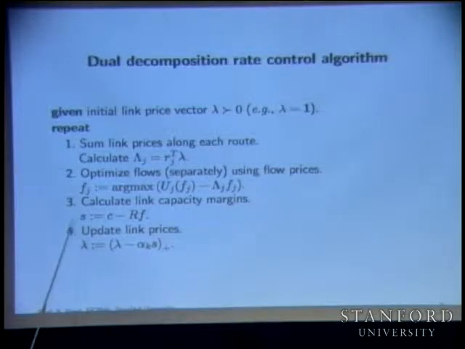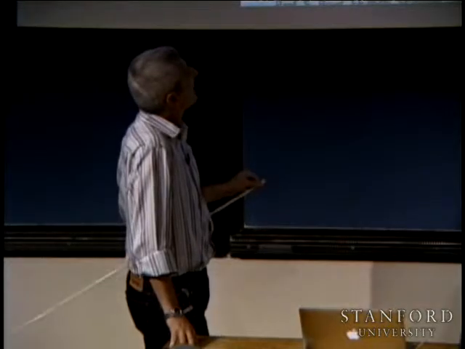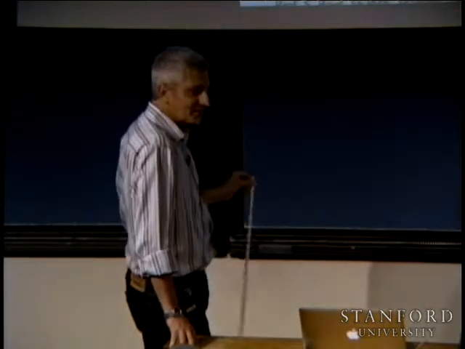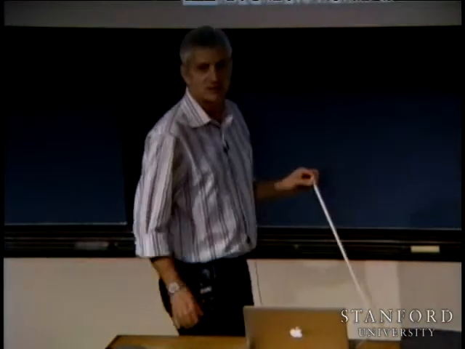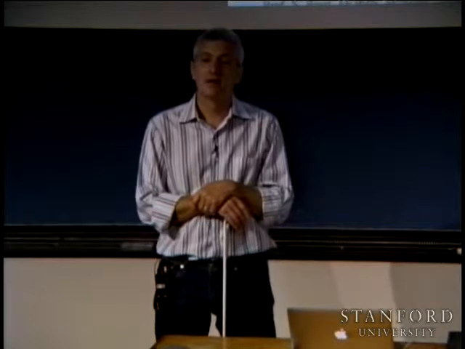Then you calculate this, and then let's figure out some things here intuitively. If S turns out to be quite positive, what does it mean? If the slack on the link capacities is all positive and substantial, what does it mean? It means lower the prices.